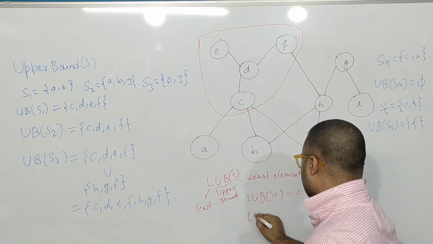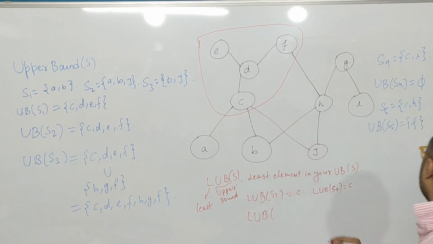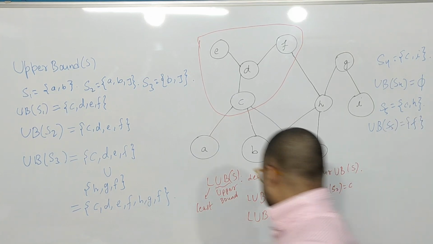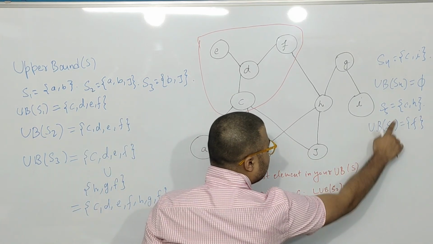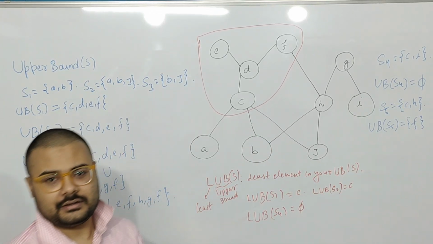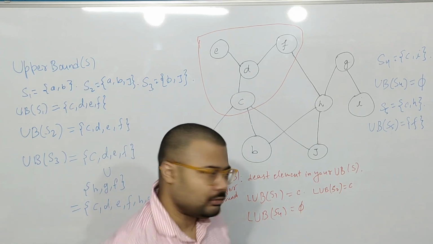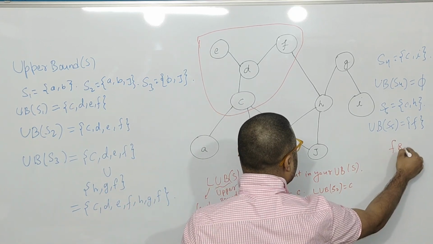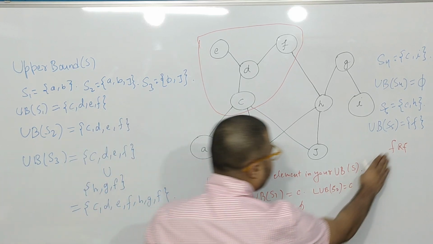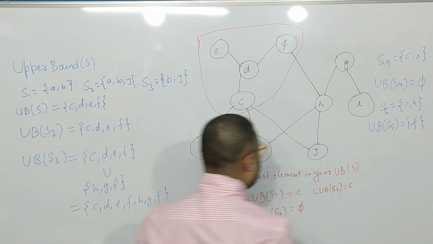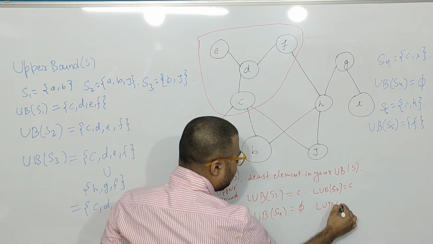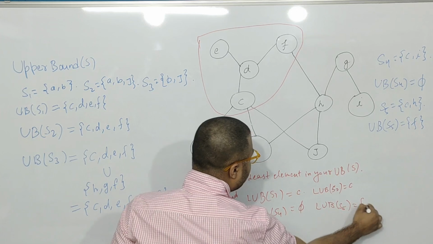For S5, there is only one element in your upper bound, F, and we know that F is related to F because of reflexivity. So what is the least upper bound of S5? The least upper bound of S5 is equal to F.